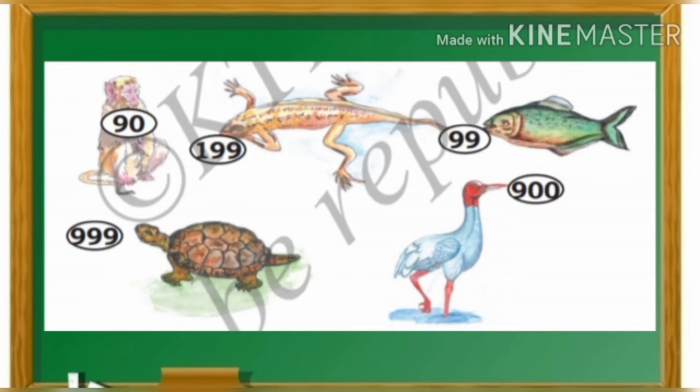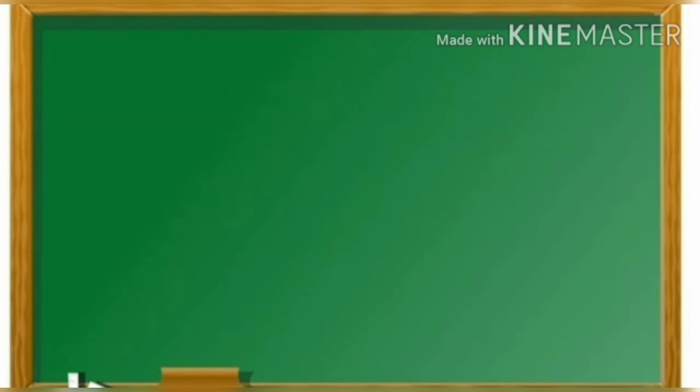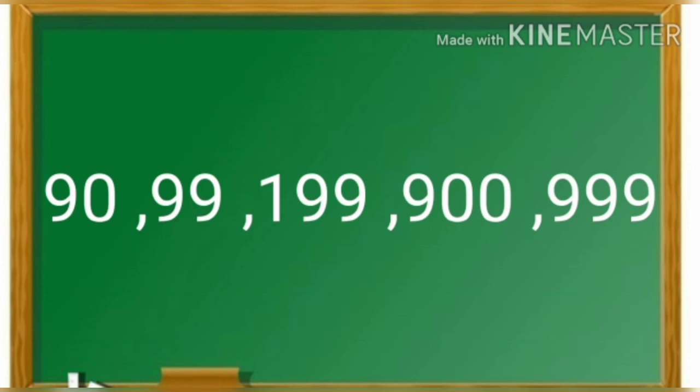Now observe the three-digit numbers 999, 199, 900. Among these, 199 is the smallest number, after that 900, and the greatest number is 999.